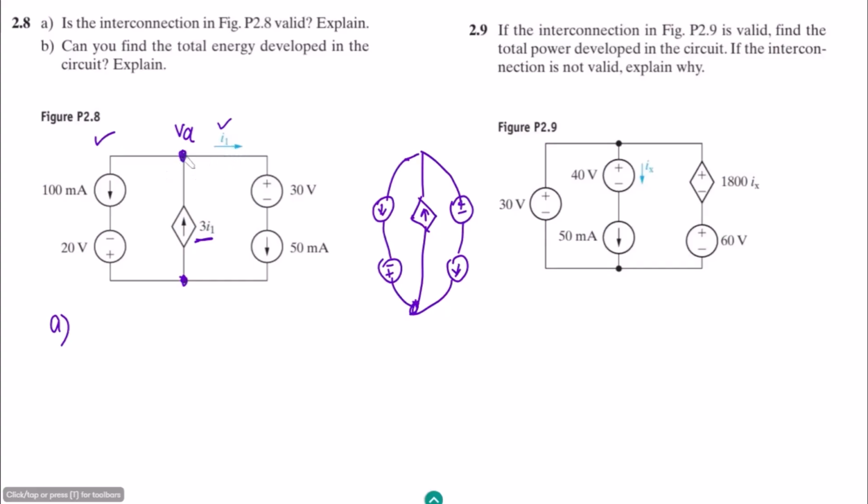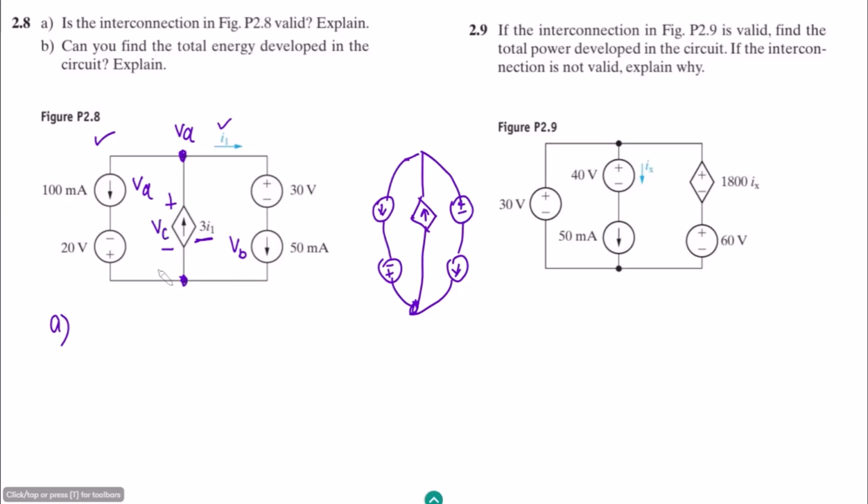So this is the dependent current source which depends upon this current. We can see that these are all connected in parallel, and these are not constant sources, and these can adjust their voltages according to the current flowing through them. So in order to see what the voltages across them are, let me have here VA, here VB, and here VC.